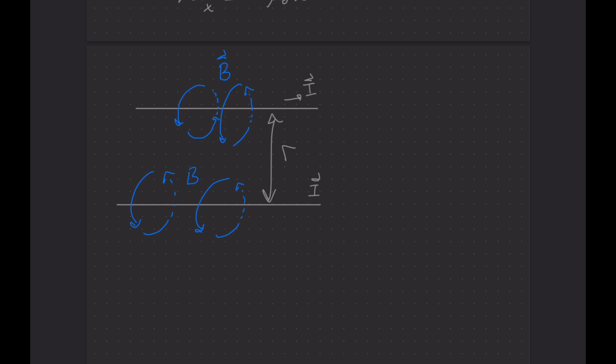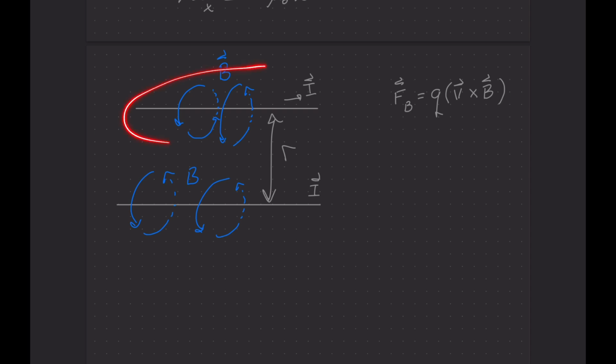It creates a magnetic field around it, circulating around the wire like this. Very interesting, right? If you remember from the very first equation we learned, that magnetic field creates a force on a charge Q if the charge has velocity v and the charge is inside a magnetic field B.